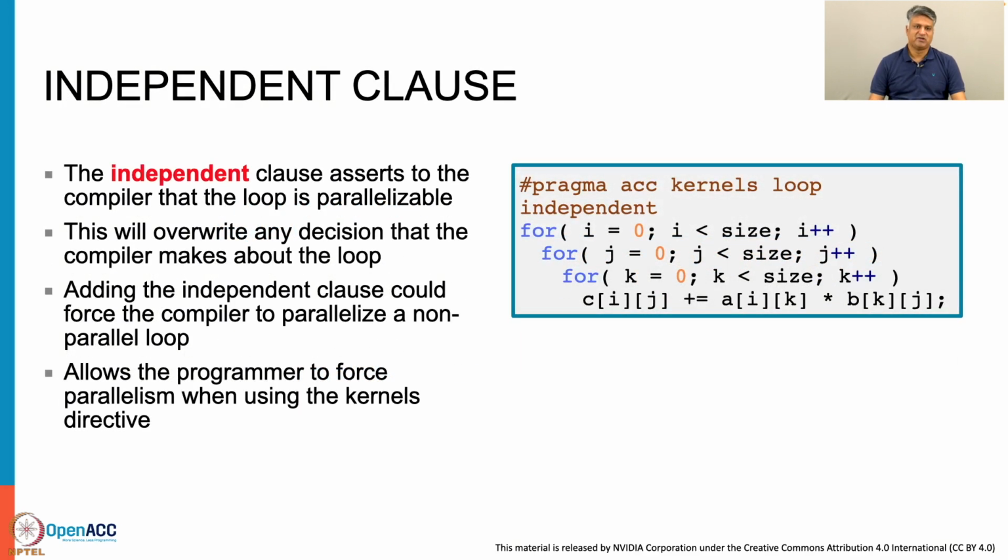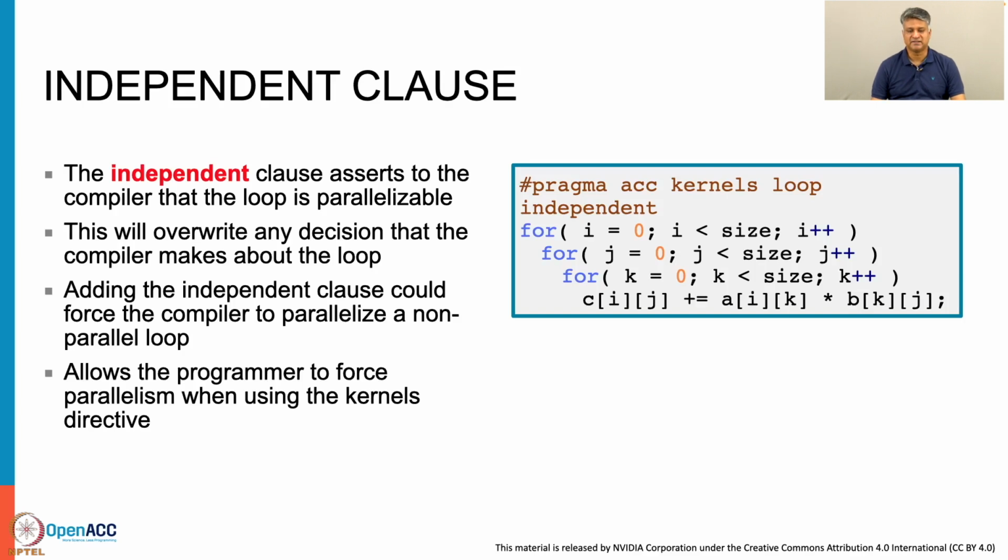The next clause that we will discuss is the independent clause. The independent clause basically says that this loop is parallelizable. This will override any decision taken by the compiler about the loop. Here, the control is given to the programmer. So, adding an independent clause will force the compiler to parallelize even a non-parallelizable loop, even if there are data dependencies.